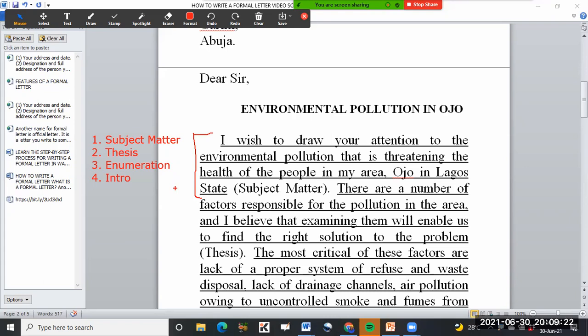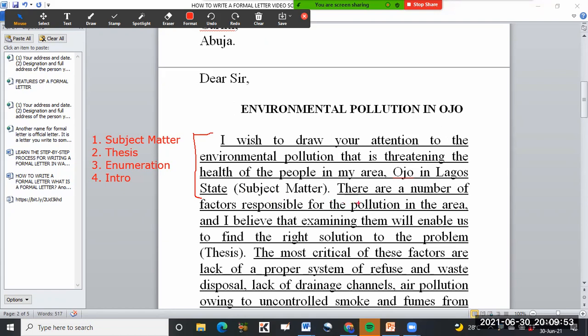Of course, there are no hard and fast rules as to the way you construct your sentence. You can approach it from any angle, only you have to ensure that the sentence you are writing is grammatically correct. You can say, I wish to inform you about. So that really has to do with the choice of words.